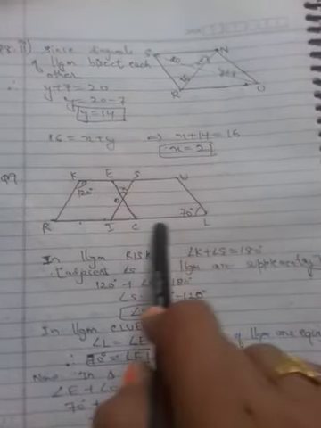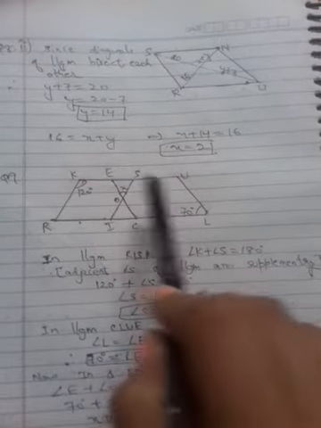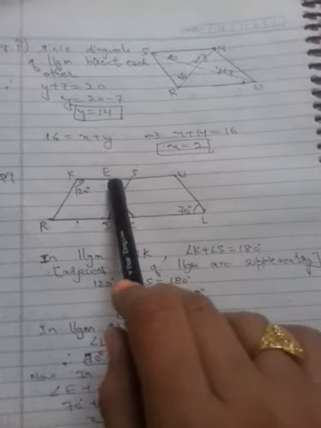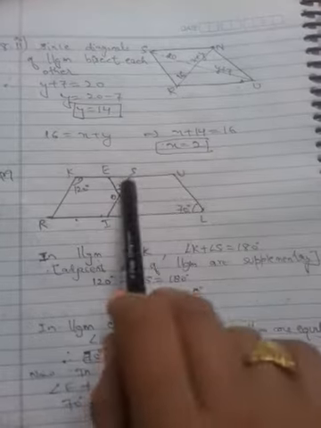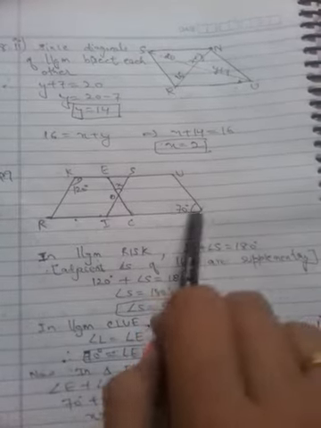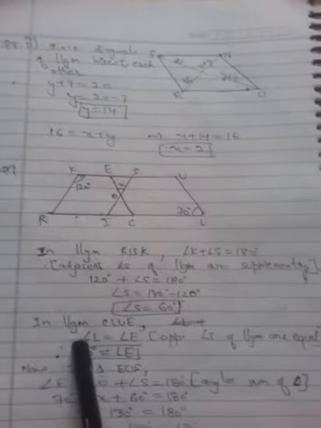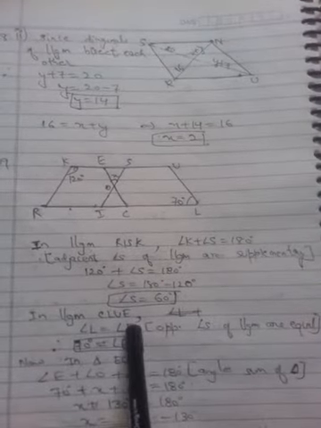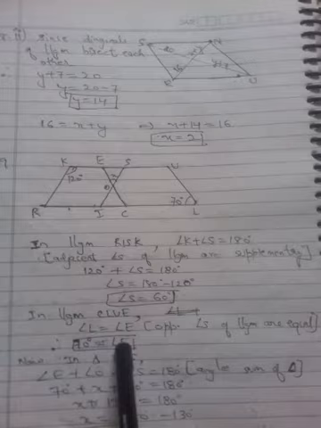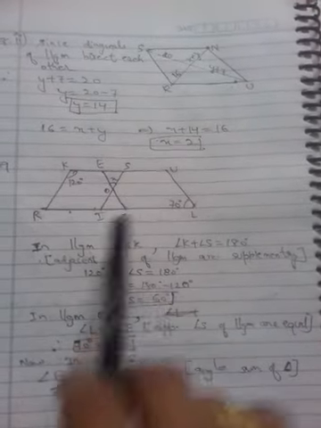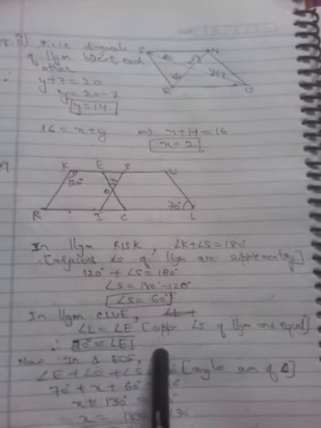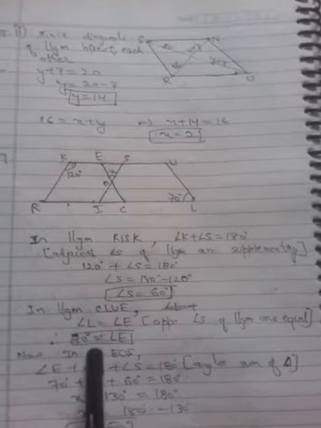Then again in this parallelogram CLUE, angle E is equal to 70 degrees, because opposite angles of a parallelogram are equal. Angle L is equal to angle E. Opposite angles of a parallelogram are equal, so it is 70 degrees.